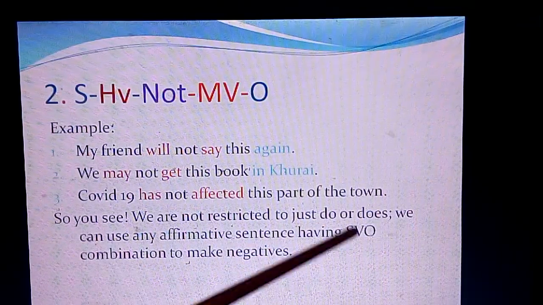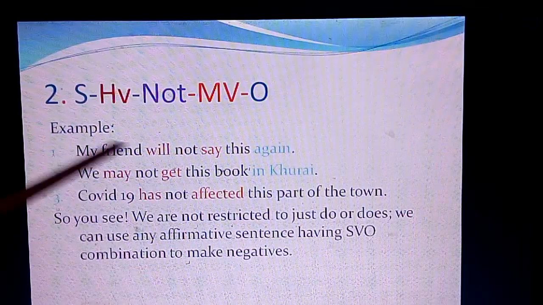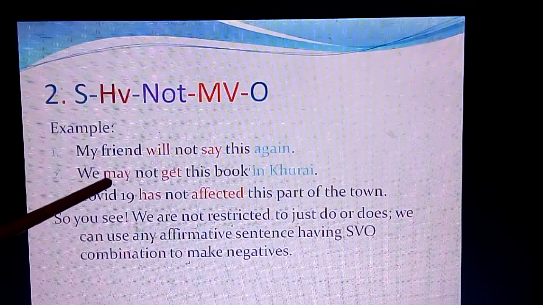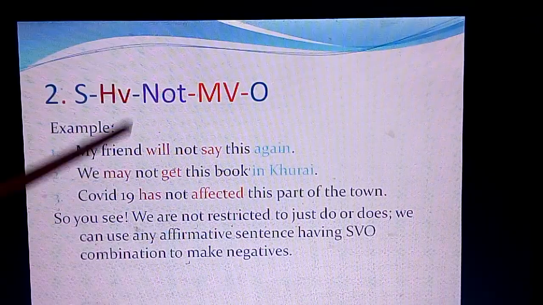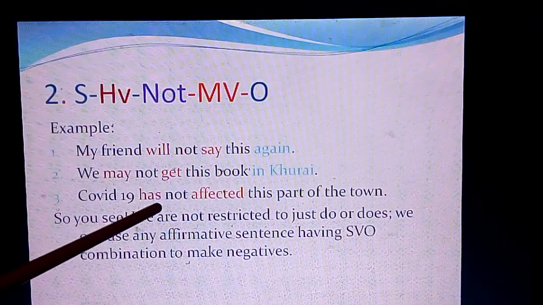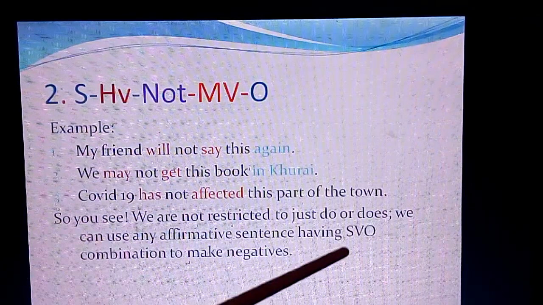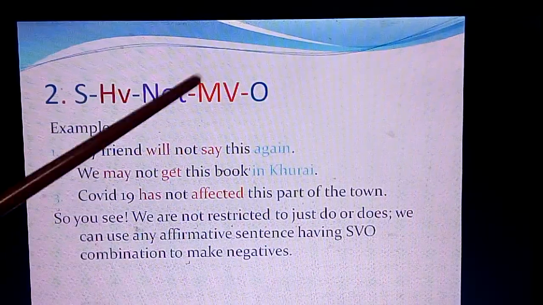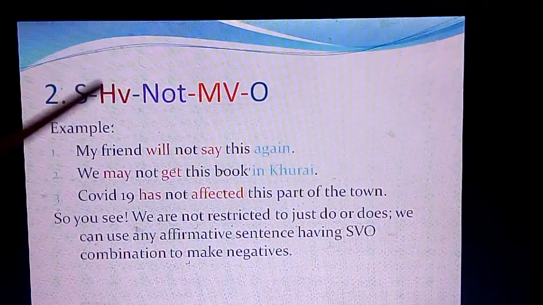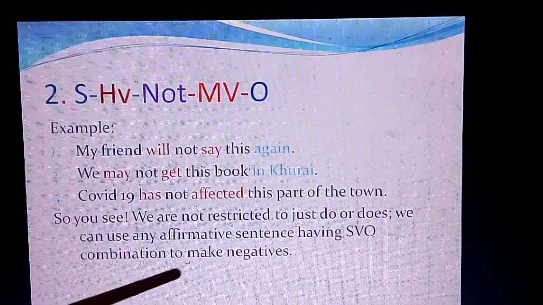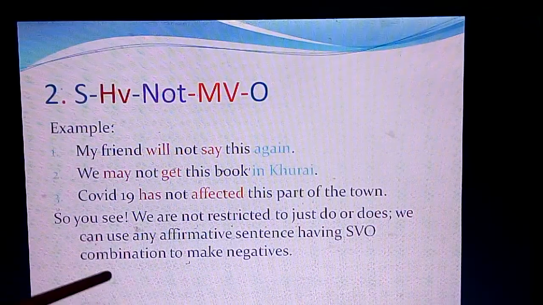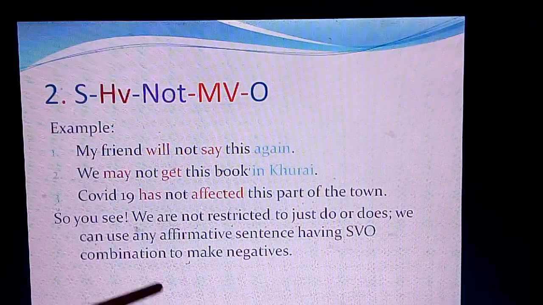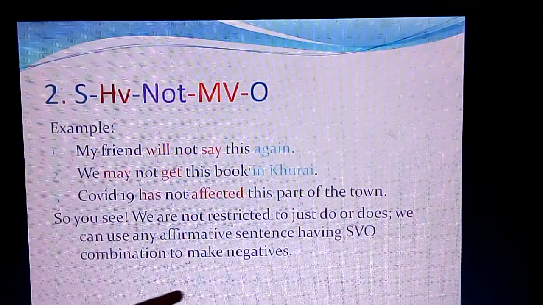We can use will, may, might, shall, should, can, could, had, has. All these can be used to fit into this structure. Using these helping verbs, we can do it. Right? So we can use any combination to make negatives.